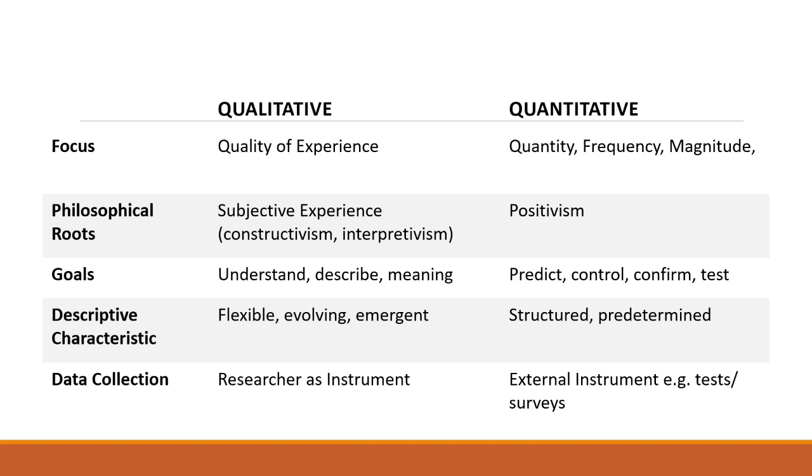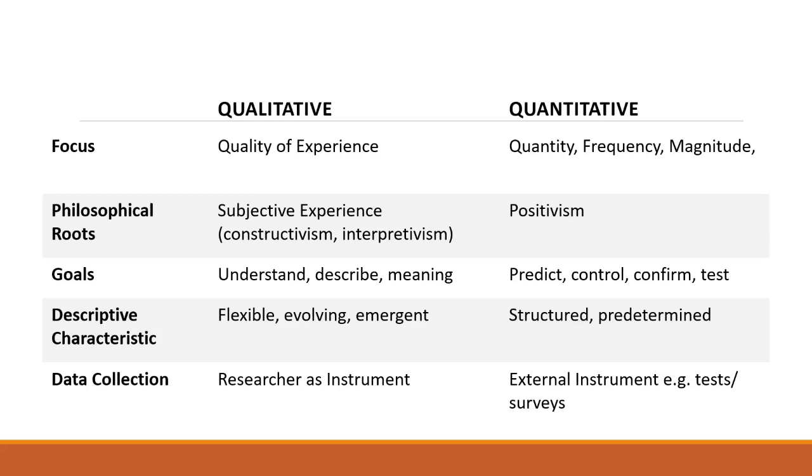And things emerge as time goes. So as you've interviewed one person, you might find that maybe you want to do things a little differently with the next person without obviously going off script in terms of what your focus is. So it's emergent in that sense.